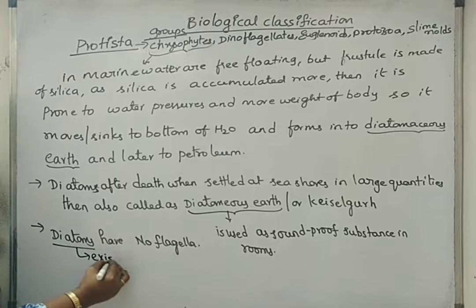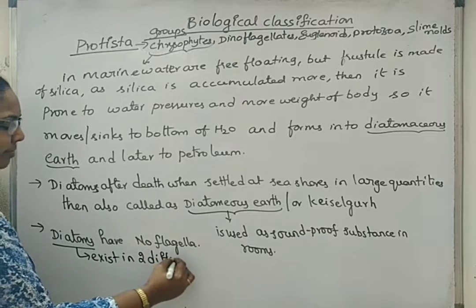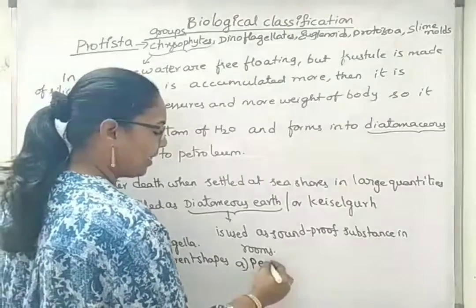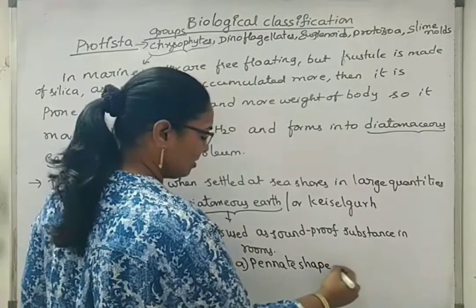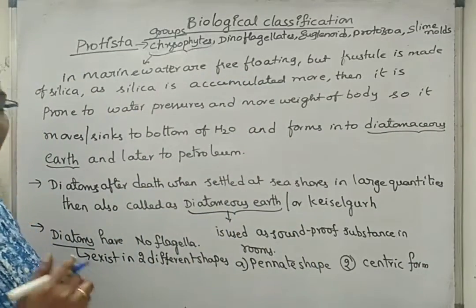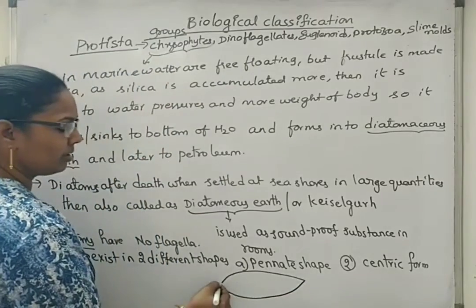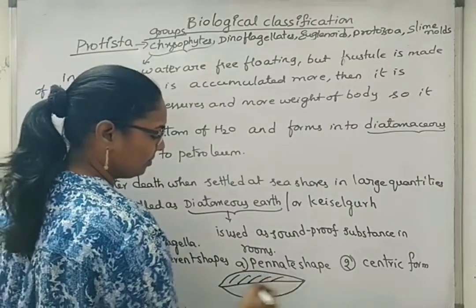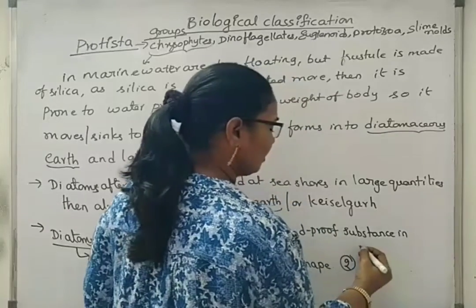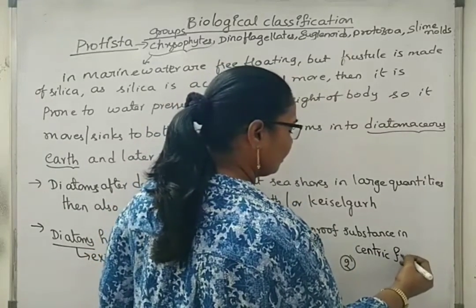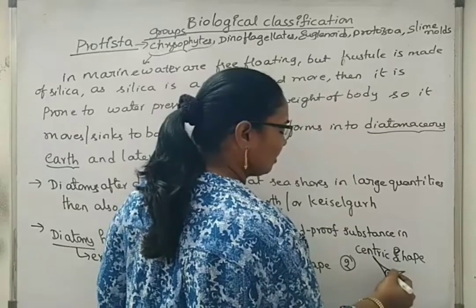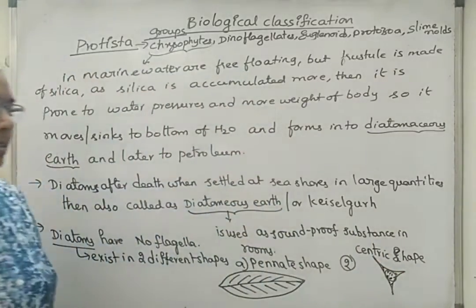Diatoms exist in two different shapes. The first one is the pinnate form. The second one is the centric form. Pinnate form is nothing but a leaf-like shape. Like this. Centric form is like this, somewhat triangular in shape.